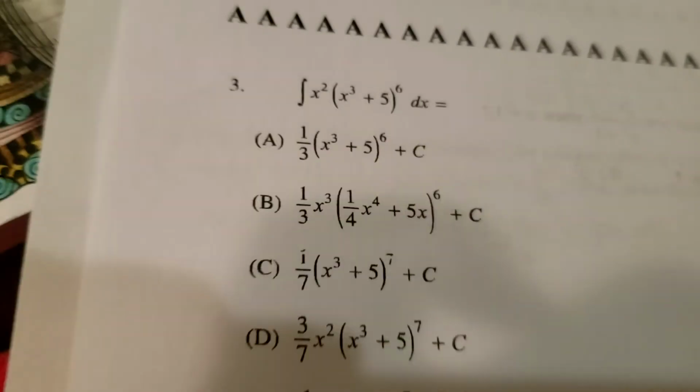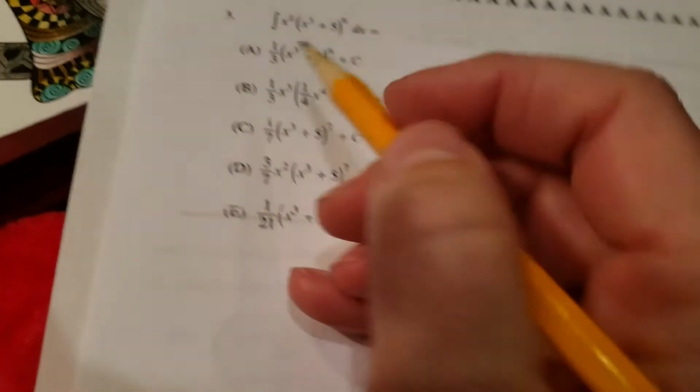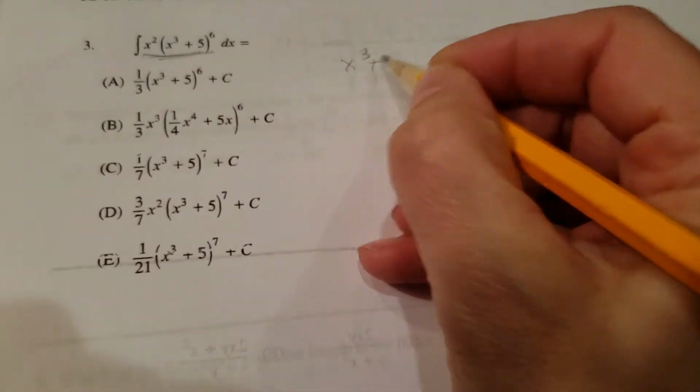Some of you might be able to do this backwards. This here is almost the derivative of x to the 3rd plus 5 to the 7th.